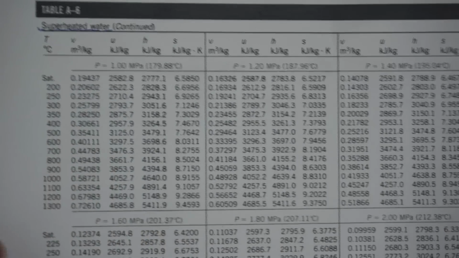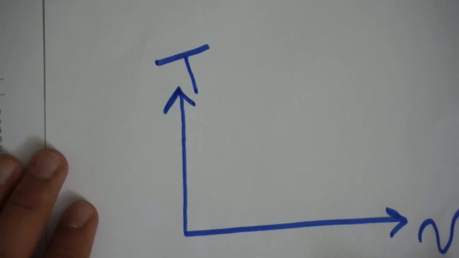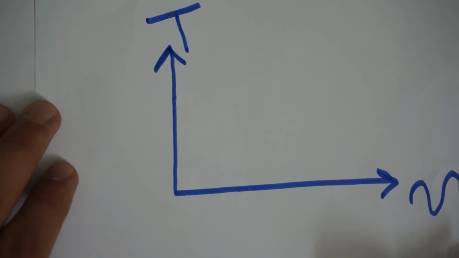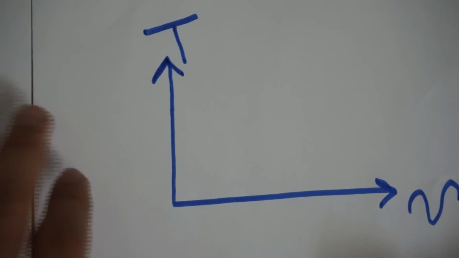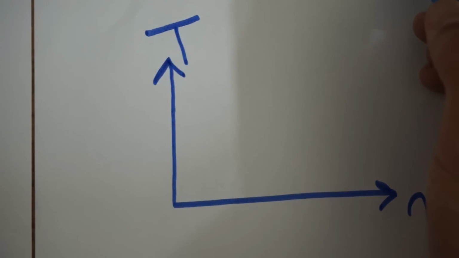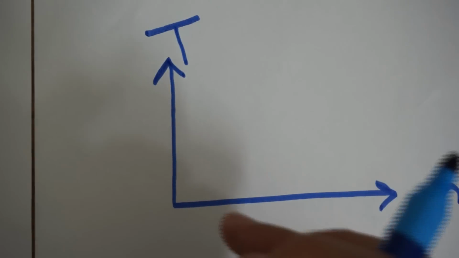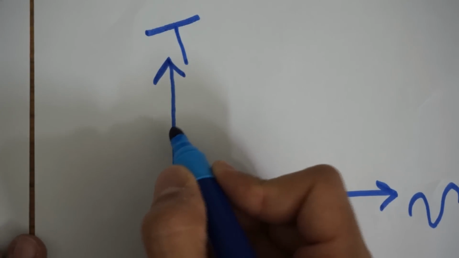To do so, first you need to draw this graph for the TV coordinates. As you can see, now we take two values, one value of temperature greater than 373 and another value less than 373, along with their values of specific volume, and we assign them to the figure.